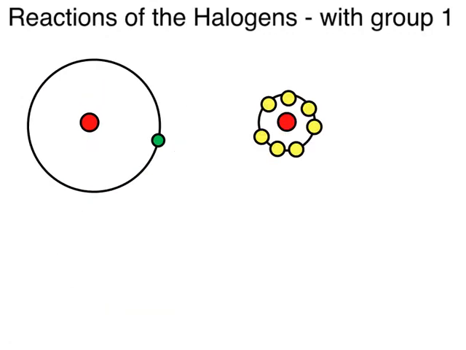Now the reactions of group 1 metals with the halogens are relatively simple. If we take this group 1 element, we've got one electron in its outer shell, and this group 7 element has 7 electrons in its outer shell. So what we want to do is move this one electron to fill that outer shell. Let's say this is sodium.